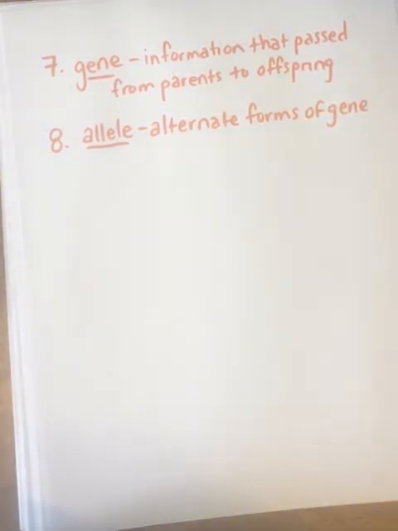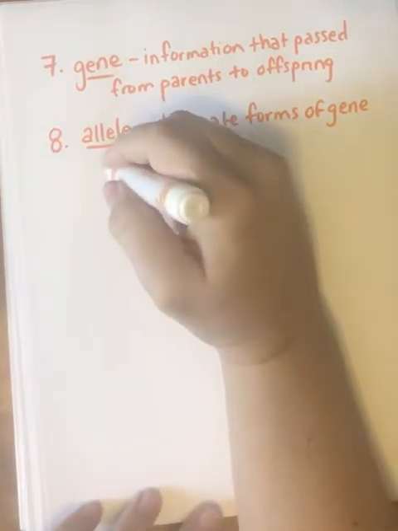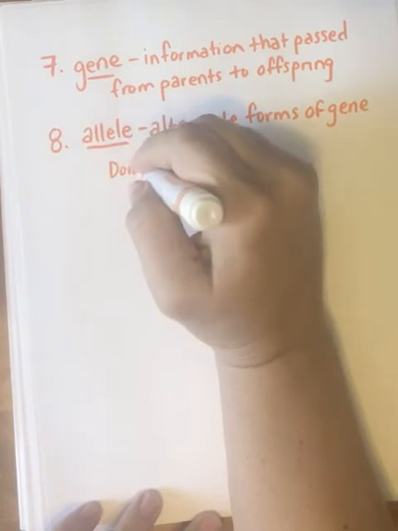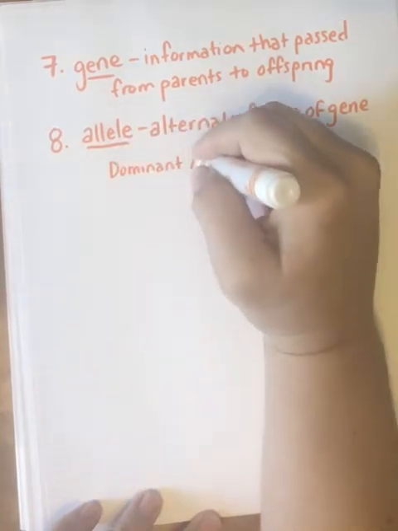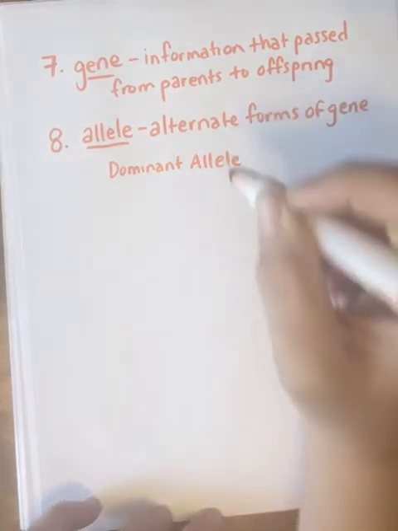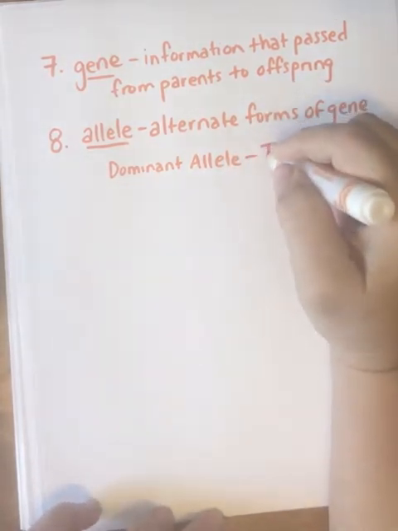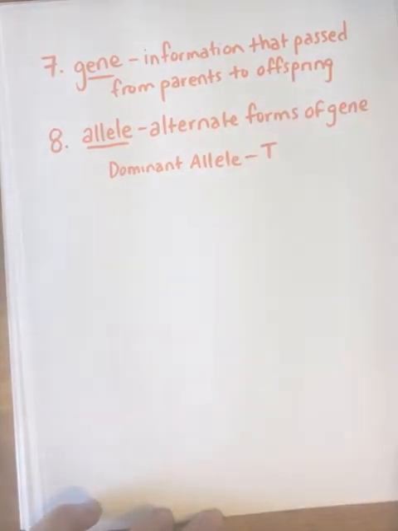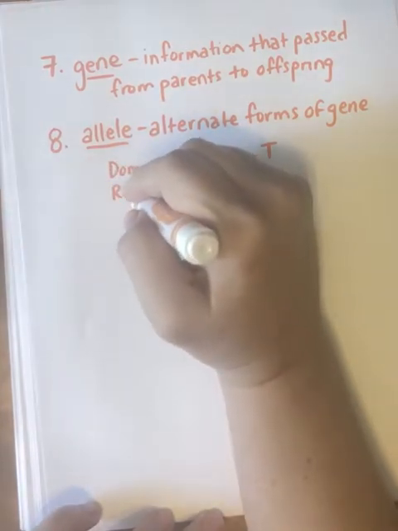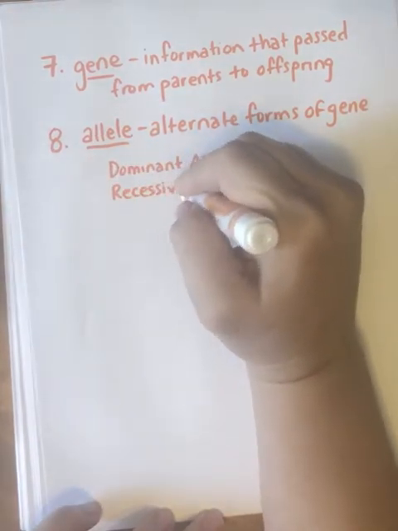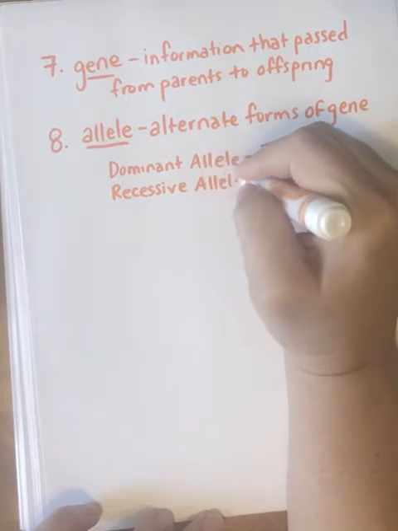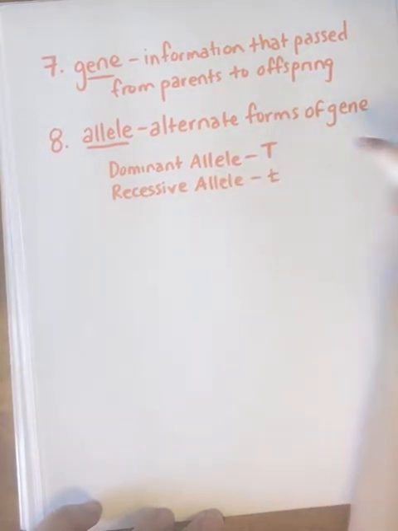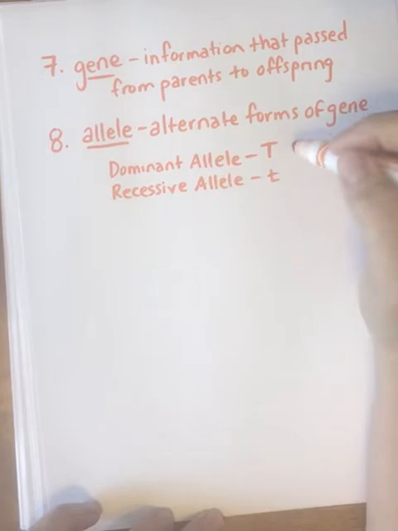If we were talking about pea plants, basically you can say you have a dominant allele. A dominant allele would be represented by a large T. That's an alternate form. But you can also have recessive alleles. Recessive alleles are going to be represented by a little t. That's an alternate form, tall versus short.